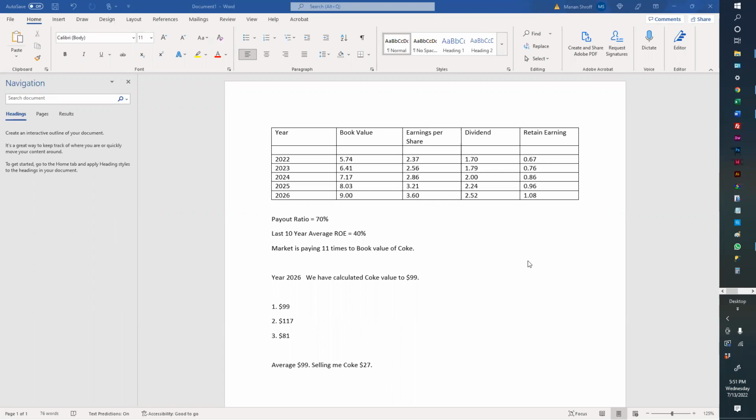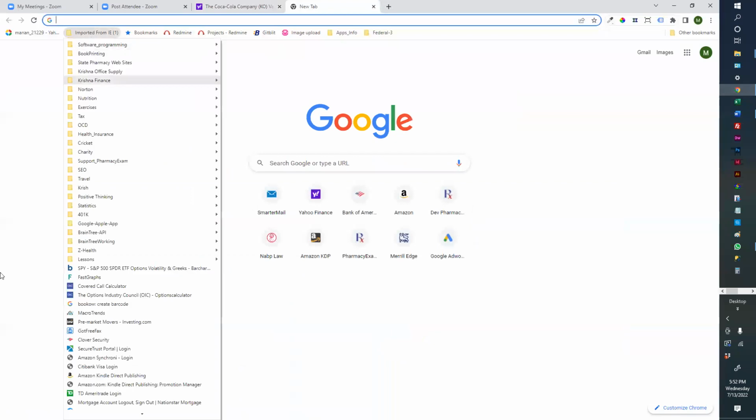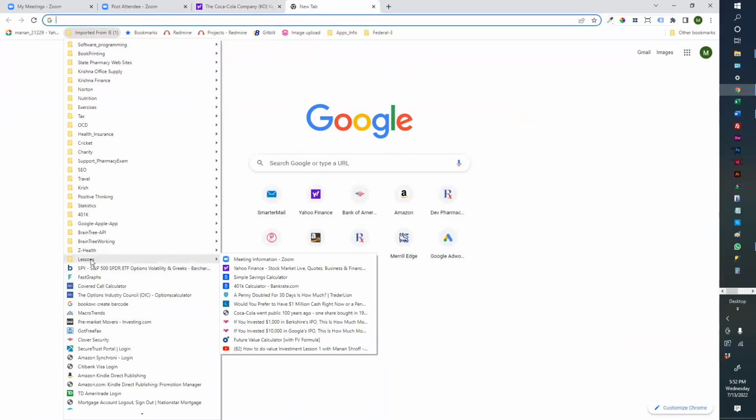Here you got the idea. I'm not saying that this is exact. You got the idea that in 2026, Coke should be traded around $99 or something on average. What you can also do is find out the rate of return. To find out the rate of return, I have shown you the calculator before.